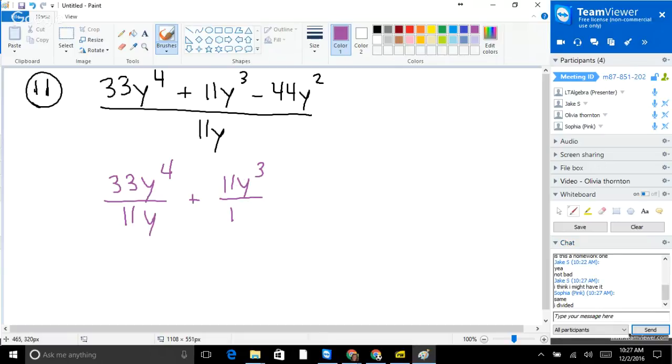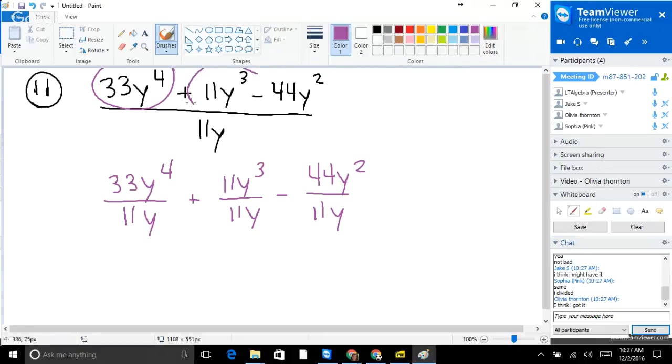That's right. Okay, so did you divide every term? In algebra, these are called terms, just so you know. So what you want to do is divide every term by 11y. Okay, awesome. So all three of you think you got it. So I'm going to go ahead and do it, and you guys tell me if you got it or not. I'll trust you to be honest with me.